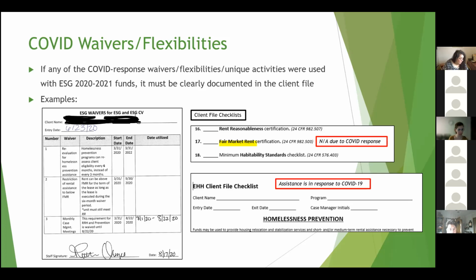So what that means is, in the current EHH ESG contract, any client who used ESG funds from July 1st of 21, when the contract started, to the end of December, cannot use any of these COVID waivers.